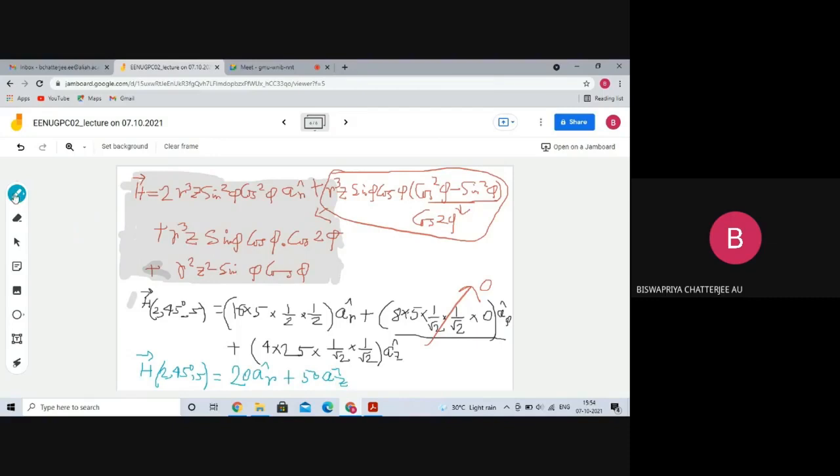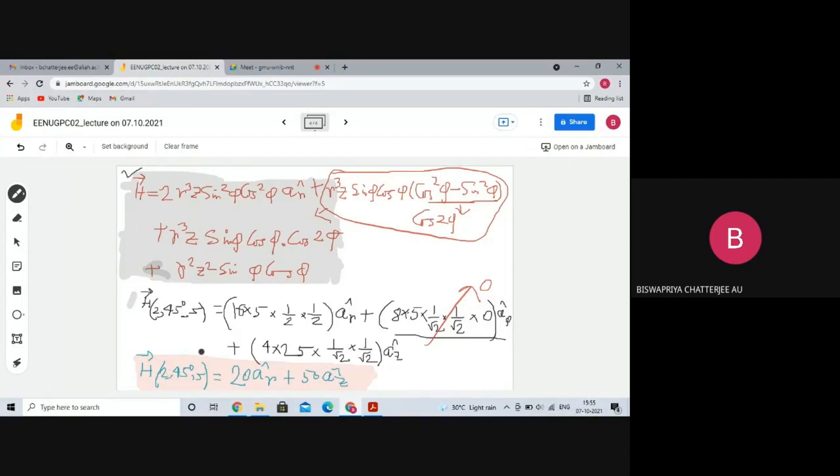So as you can see, this is the solution. Now what is the difference between these two? The solution given in the black shaded region is the general solution.